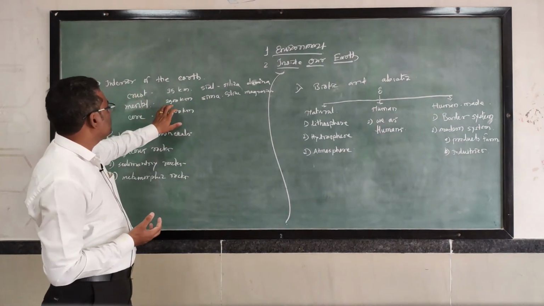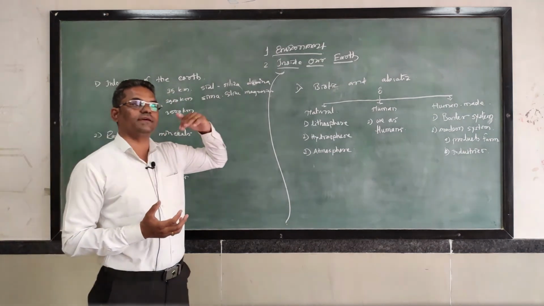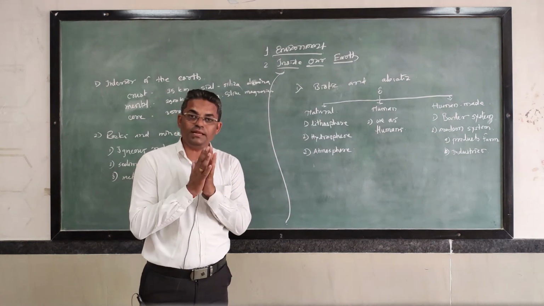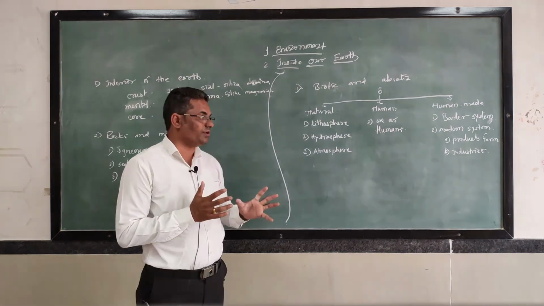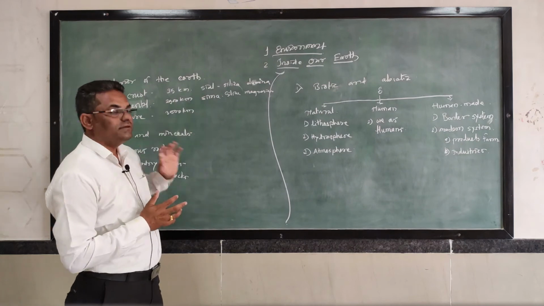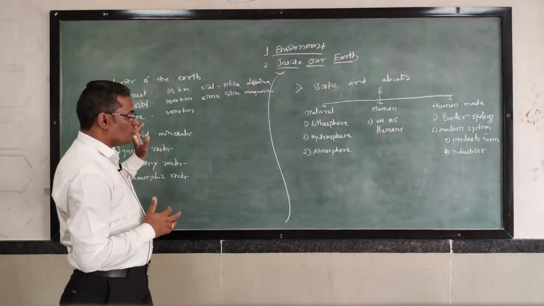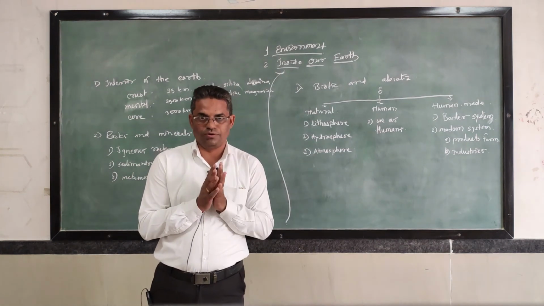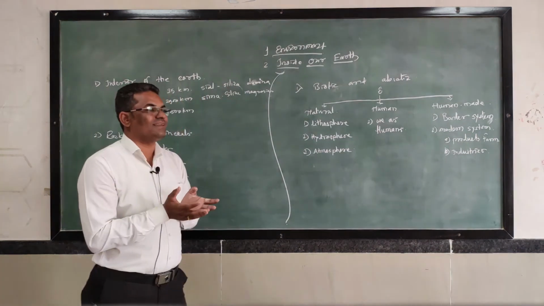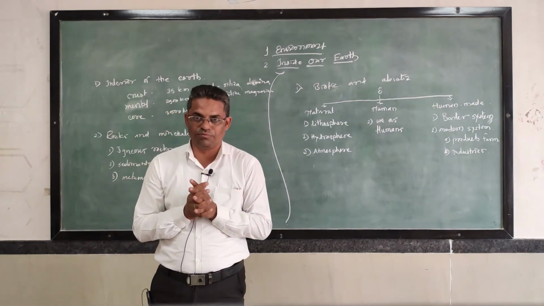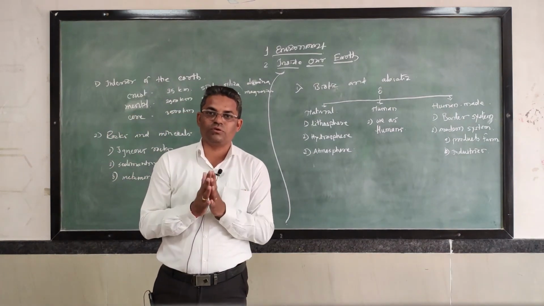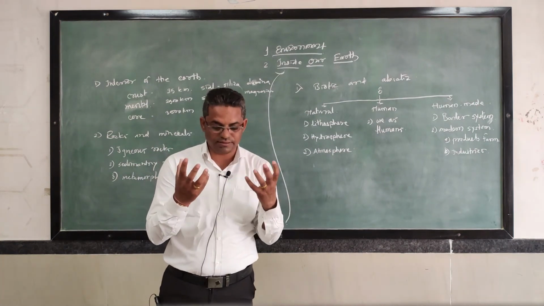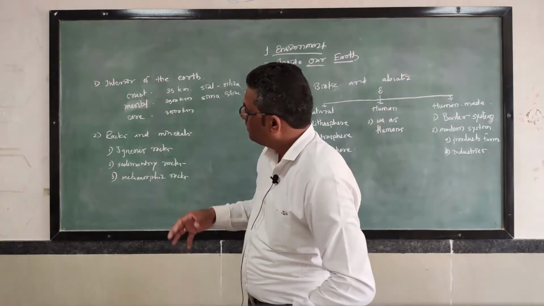And the mantle, 2900 kilometers, extends beyond the crust, and it is mainly made up of silica and magnesium, so it is also called Sima. Then the core is divided into two parts, that is inner core and outer core. The outer core extends up to 3500 kilometers, and the inner core and outer core are made up of lava that is inside the earth. Okay, so that we are going to learn.